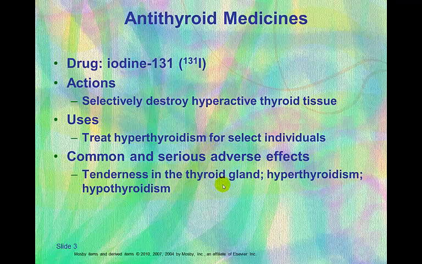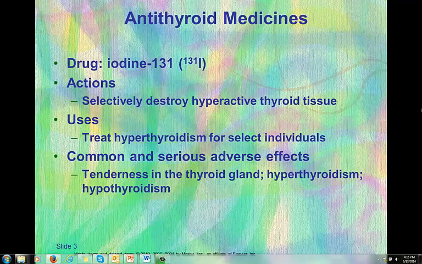Now, anti-thyroid medications are going to do just again as the name implies. They're going to be against the thyroid. So they're going to actually destroy the hyperactive thyroid tissue.